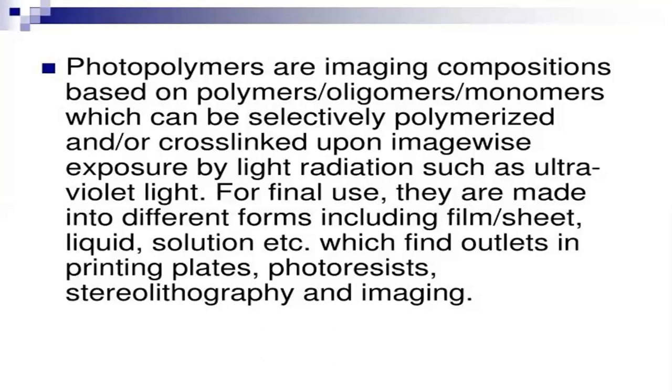That's why I'm using photopolymers. They involve image processing techniques and are cross-linked upon image-wise exposure. The light radiation should fall correctly onto the product, so that the liquid resin is converted into a solid product, the object. That's why photopolymers are used to create products in stereolithography operations.